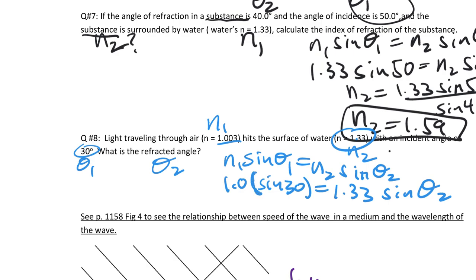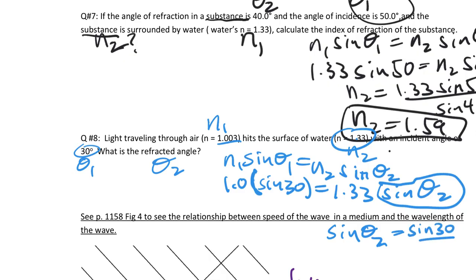So let's set this up so that we leave this by itself. Okay, so I'm going to write it here. Sine of theta 2 is equal to 1 times sine of 30 over 1.33, getting rid of the 1.33 by dividing both sides by it.